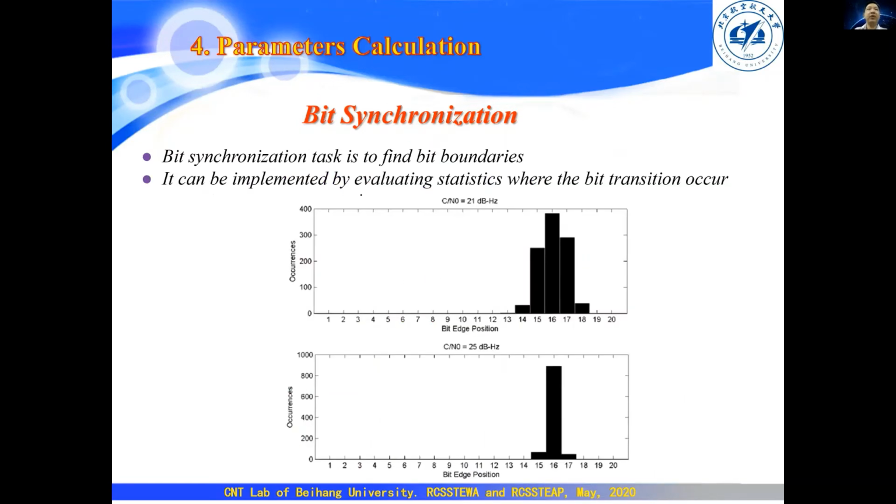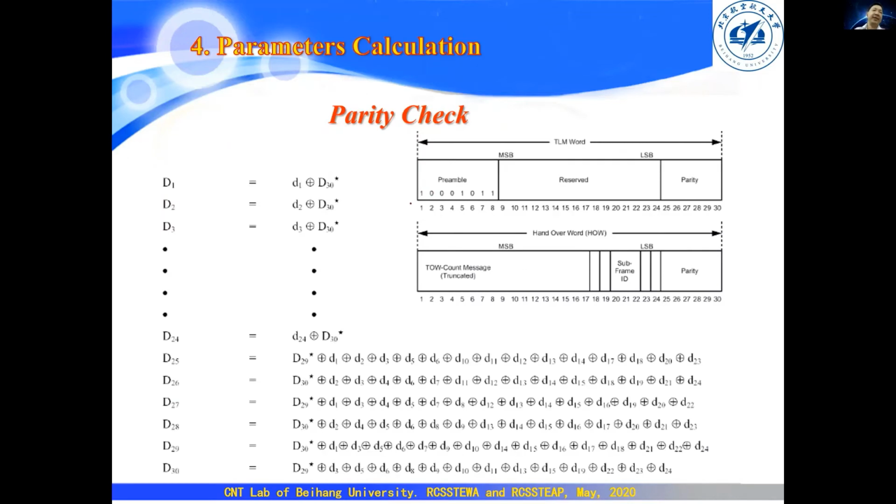Sometimes, because of interference and noise, we can commonly use histogram methodologies to process it. And if the data has errors, we have a special parity check methodology. This is a kind of Hamming parity check code.